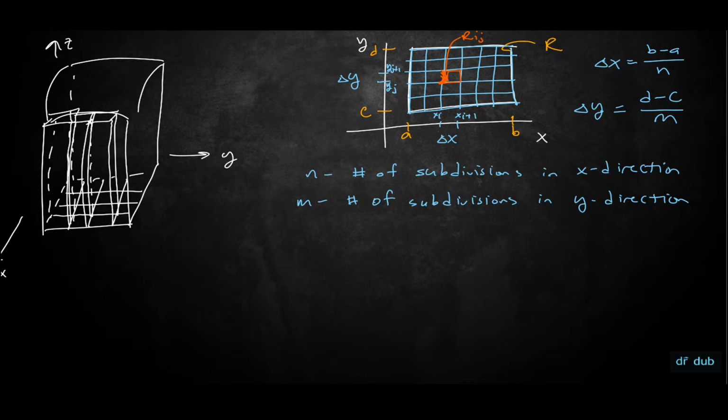So it's a certain subrectangle. So R_ij is the rectangle whose lower left corner is x_i, y_j.